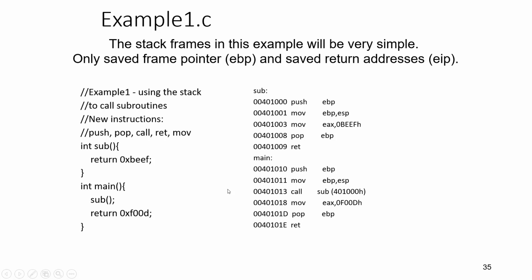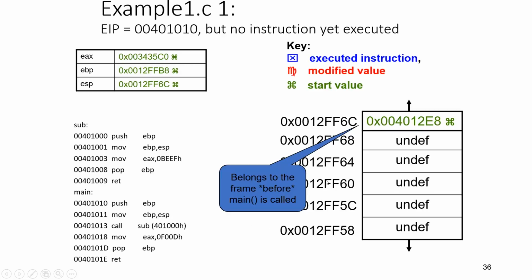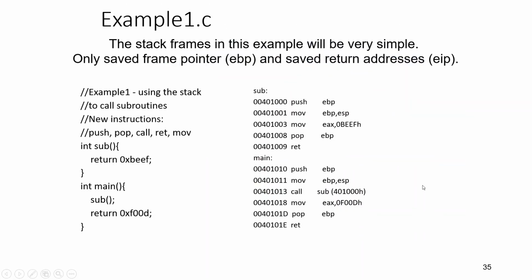Okay, there are two conventions you need to know: Intel syntax and AT&T syntax. In Intel syntax, move EBP, ESP means that you take the value of ESP and copy it into EBP. EBP is the destination, ESP the source.